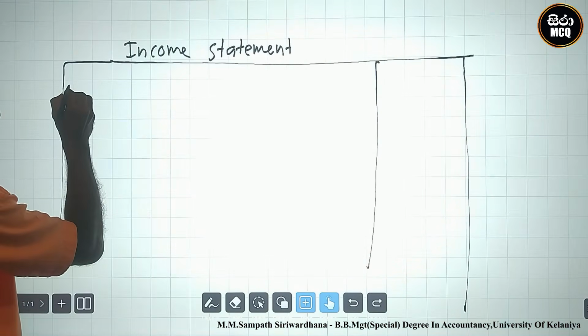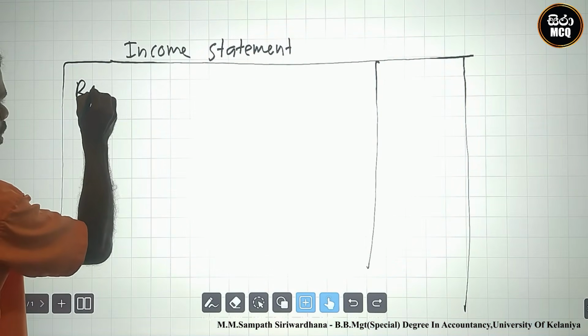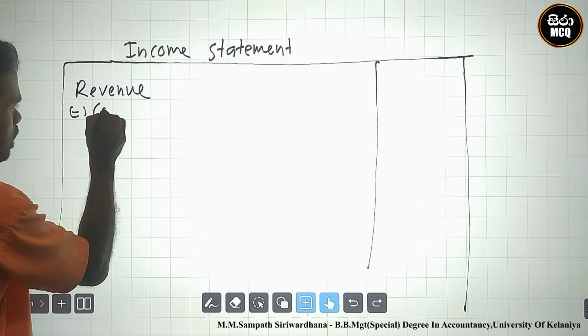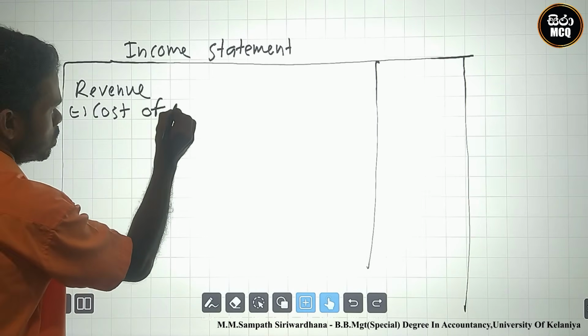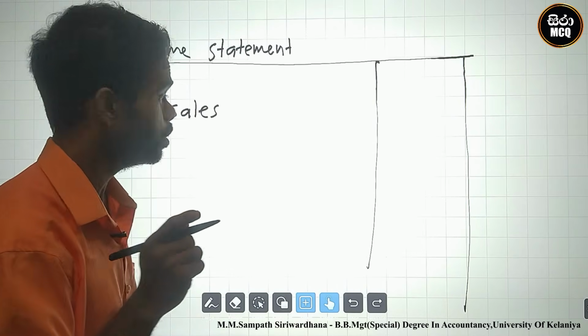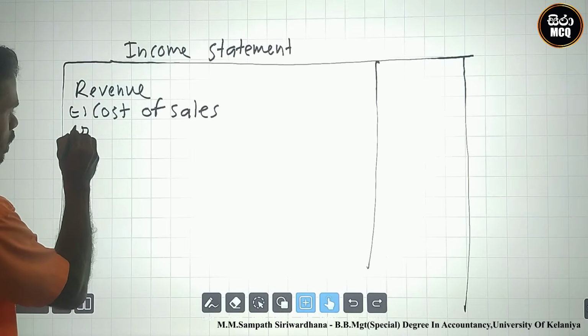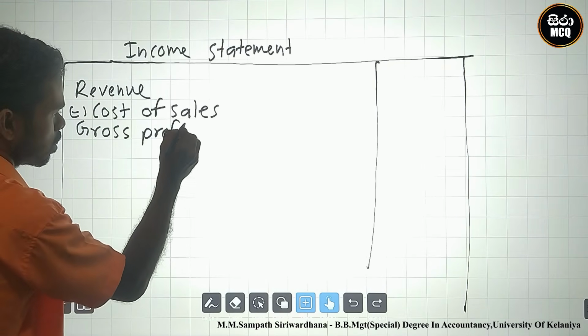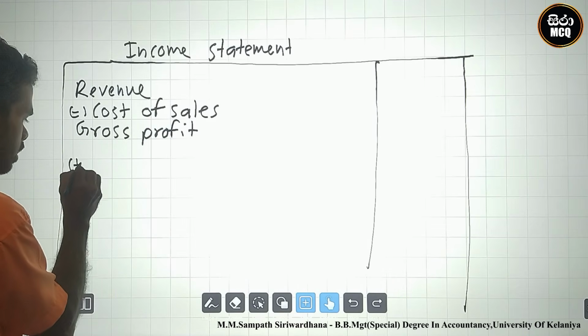What are the major items? Revenue minus cost of sales. Revenue means sales income. Next one, gross profit. After that we add other income.